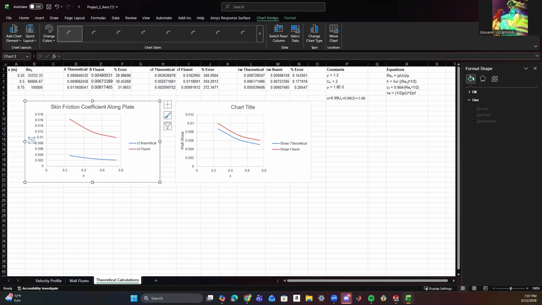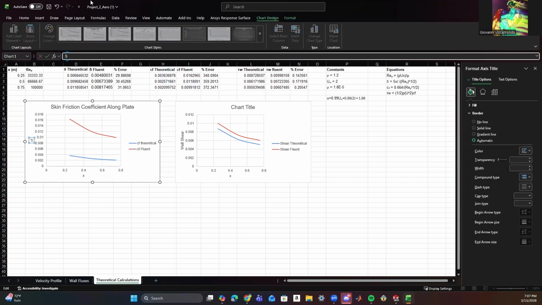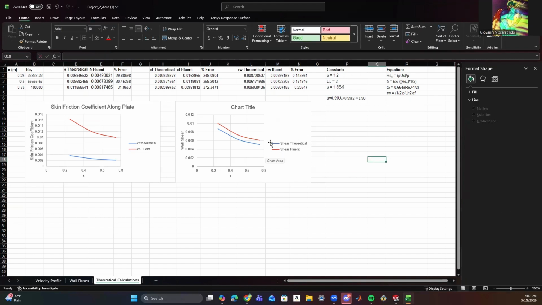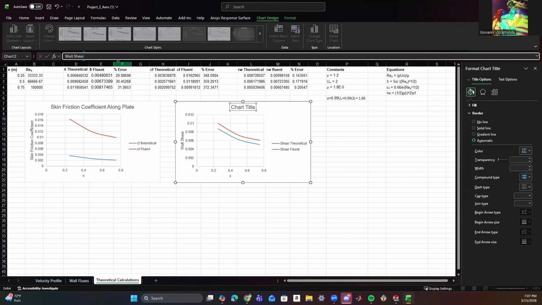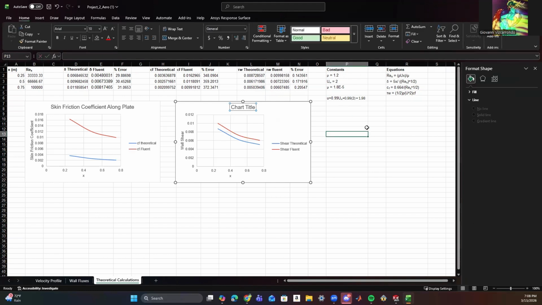This is what we can call part title, wall shear stress on the plate. There we go. And then, oh, now we have those, we have to find the drag coefficients.